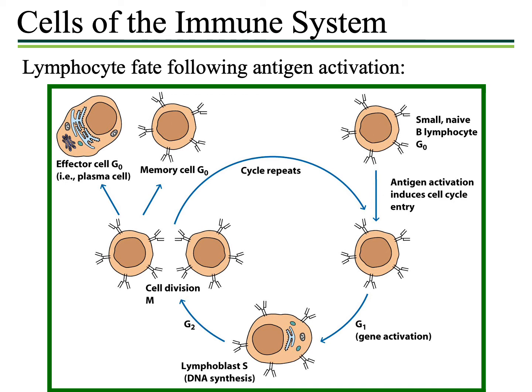Effector cells are the cell types that are going to do something or have some effect in the immune response. And the memory cells are those cells that, again, essentially don't do much during this response, but are the ones that are laying in waiting for this subsequent infection by that specific pathogen.